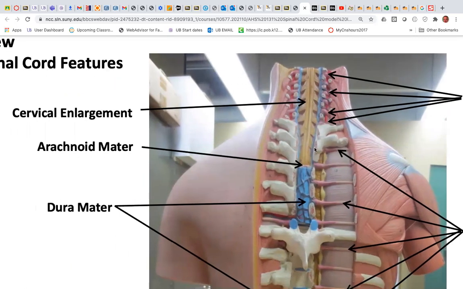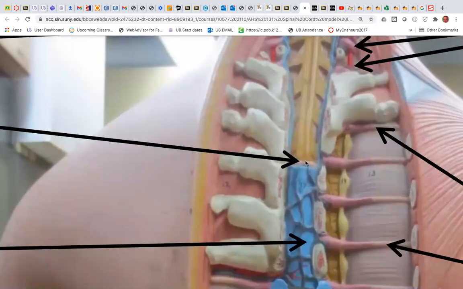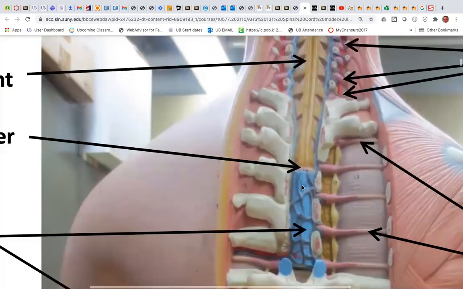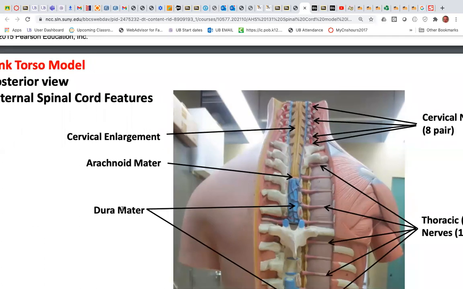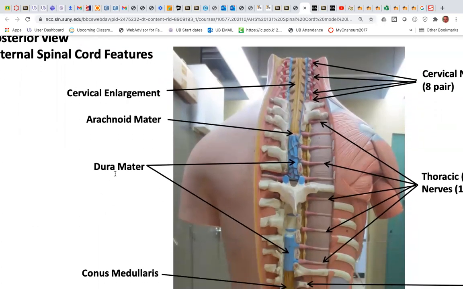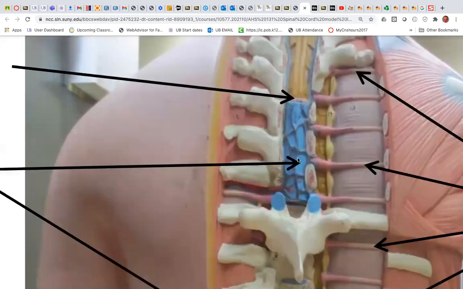As we move down, we can zoom in and see the spinal cord here, and there are some layers that cover the spinal cord. The outermost layer, we call these meninges, but the outermost layer is called the dura mater, and that's what looks blue here. Okay, and that's closest to the actual vertebrae.